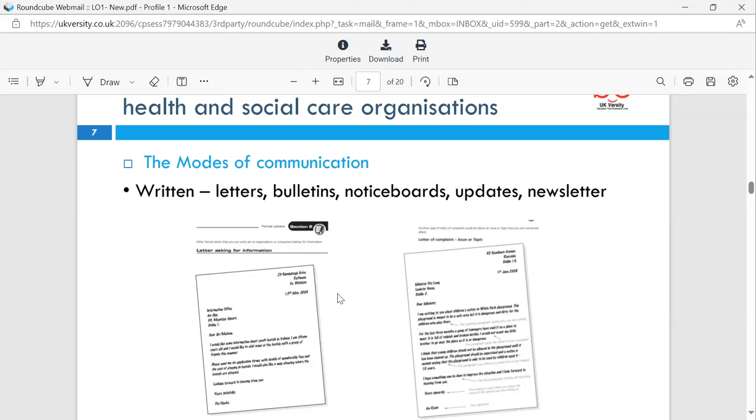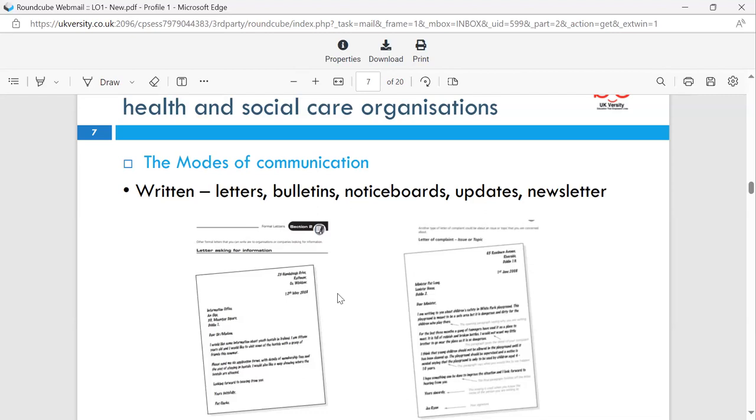They are important sometimes later, for example, for official reference. Yeah. And bulletins and notice boards, why do you think bulletins are so important? Because they emphasize specific points.